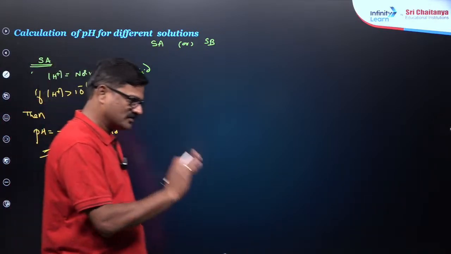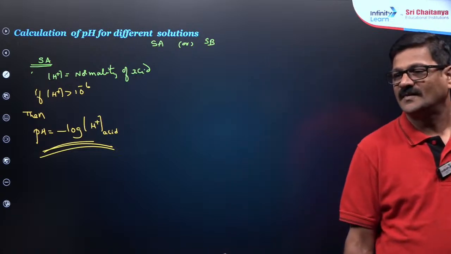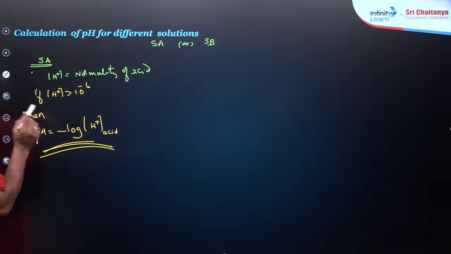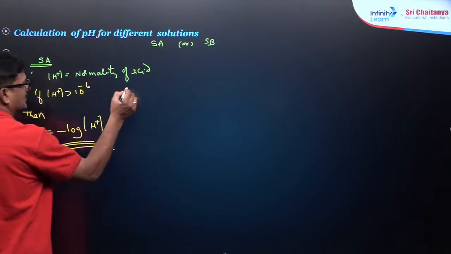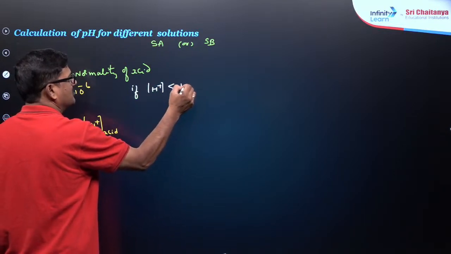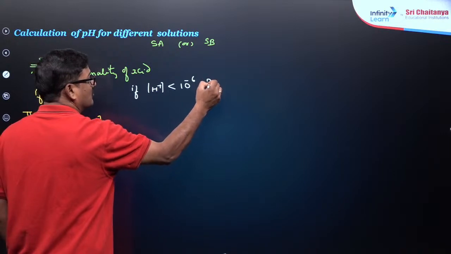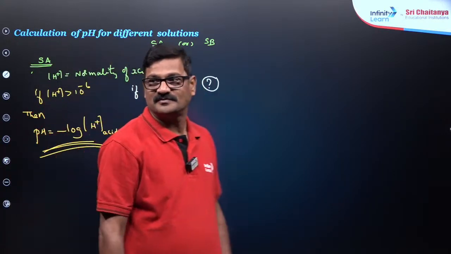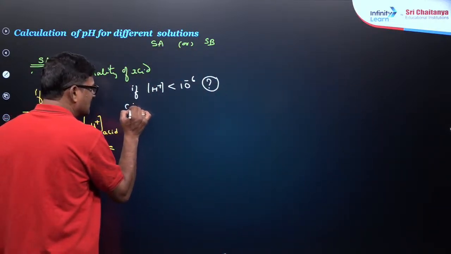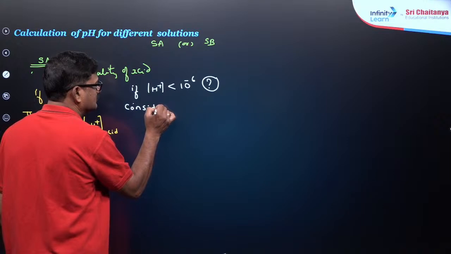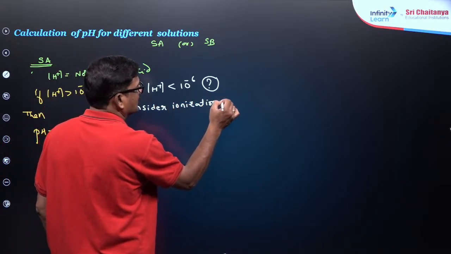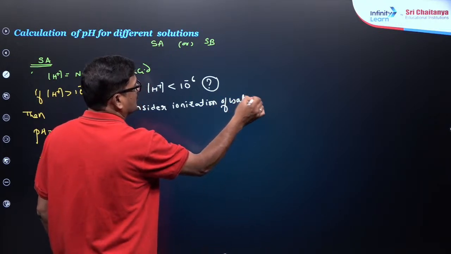That's it. Directly you can use it. If the H plus ion concentration is less than 10 power minus 6, now what is the problem? You have to consider ionization of water.